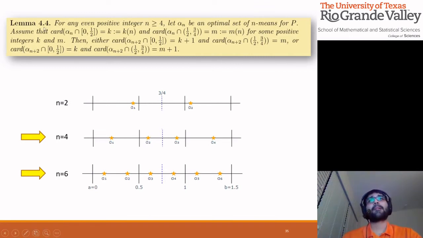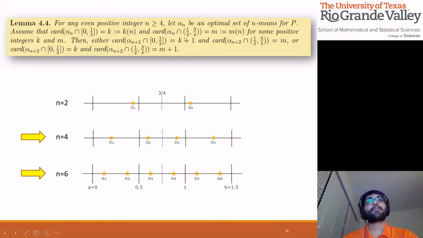Lemma 4.4. For any even positive integer n greater than or equal to 4, let alpha sub n be an optimal set of n means for p. Assume that the cardinality of the quantizers, so the number of quantizers between 0 and 1/2, equals k. And again, k depends on n.